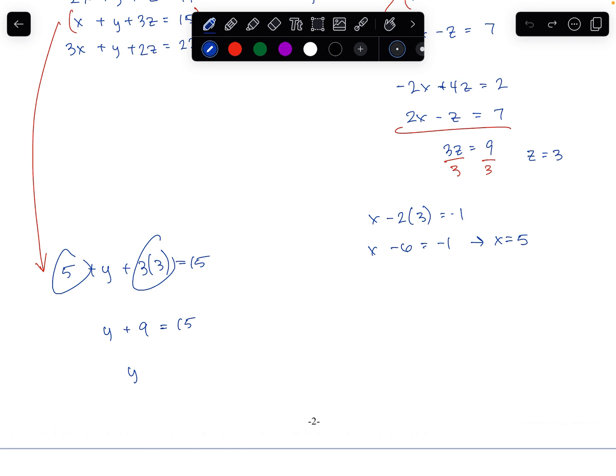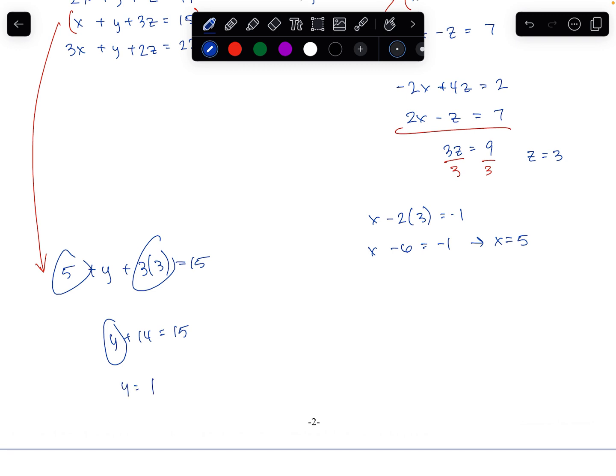I did not do that right at all, did I? 5 plus 9 is 14. So y plus $14 is going to be equal to $15. So the cost of the soda has to be equal to $1.